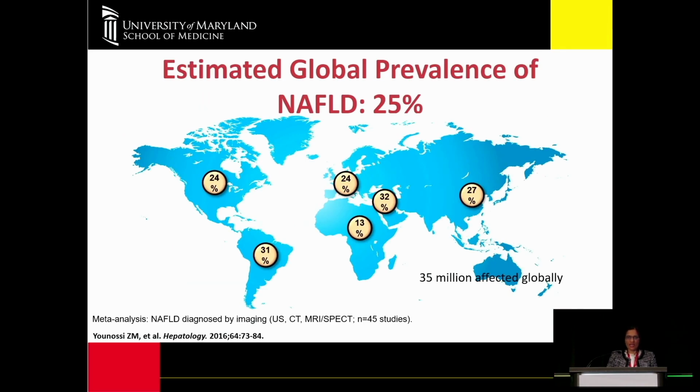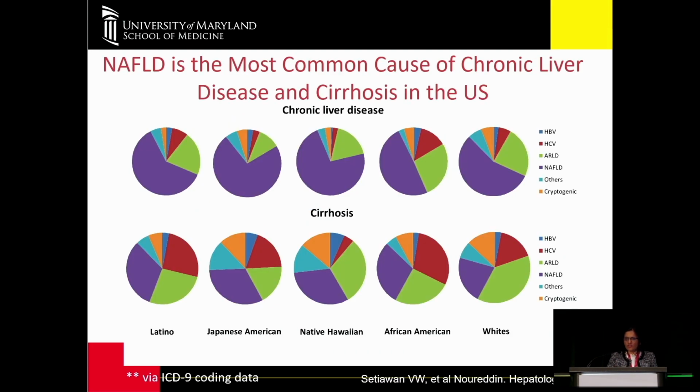Fatty liver disease, non-alcoholic fatty liver disease, which is what I'm going to restrict my talk to, as you know, is widely prevalent and is thought to affect approximately a quarter of the world's population. In this country, NAFLD is the most common cause of chronic liver disease as well as cirrhosis.